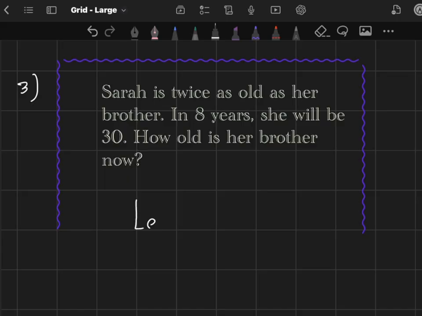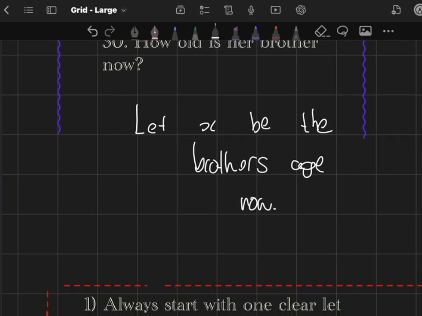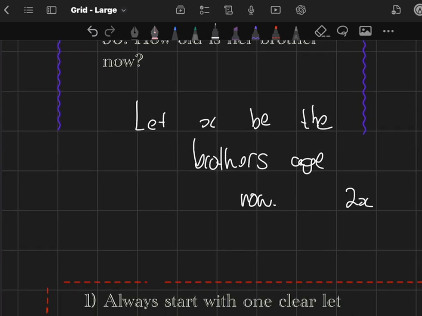Now let's make a let statement. Let x be the brother's age now. If Sarah is twice as old as her brother, then it means that Sarah is 2x.